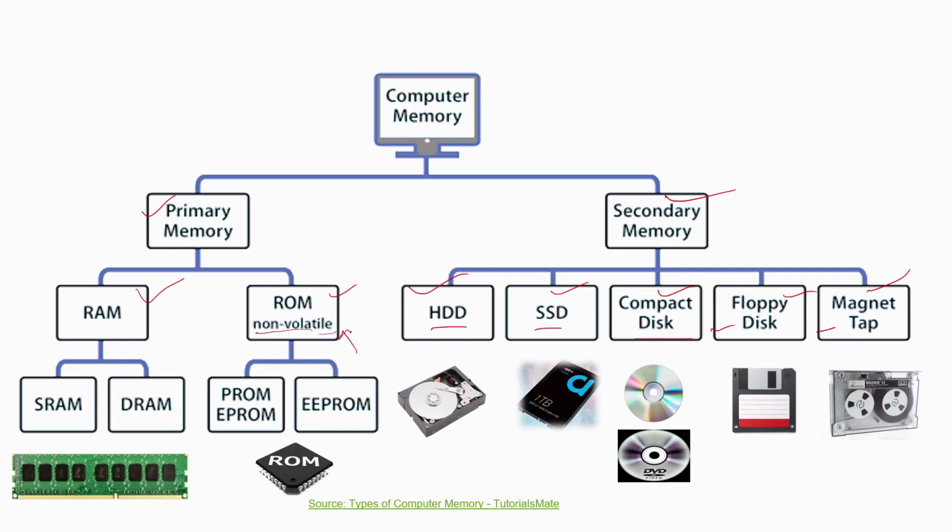The CPU instructions are written in the ROM, so even when we switch off the system, the next time we come back the data is never cleared. This includes PROM and EPROM, that is programmable read only memory and erasable programmable read only memory, and the next one is electrically erasable programmable read only memory. So this is the ROM.